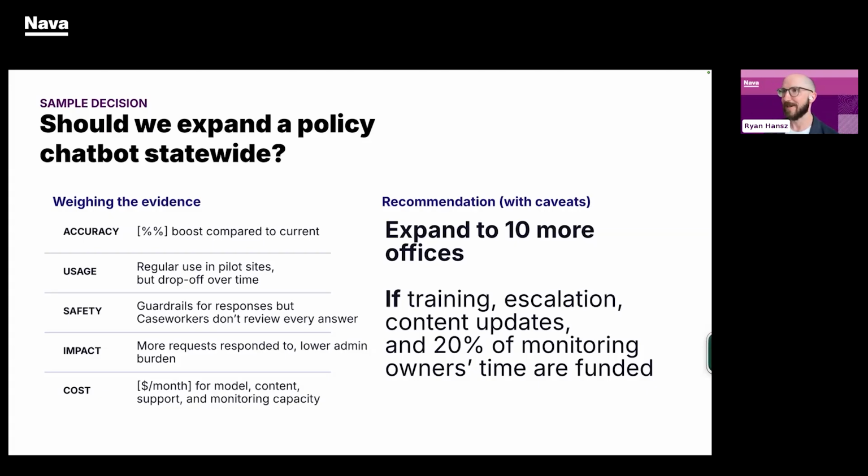So maybe in the scenario, we do want to expand it. We're not quite ready to just give it to the whole state. And we have a caveat: we can only expand this if, for training, escalation pathways for human review, and content updates, we have 20% of a few people's time to be able to support that. Otherwise, we don't think it's responsible to scale this tool.